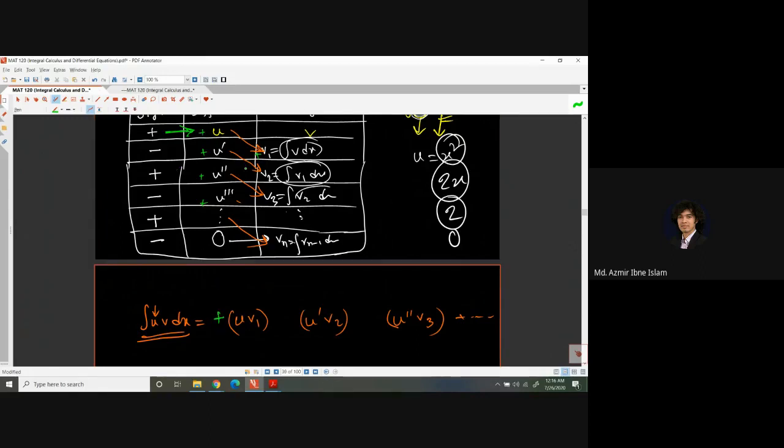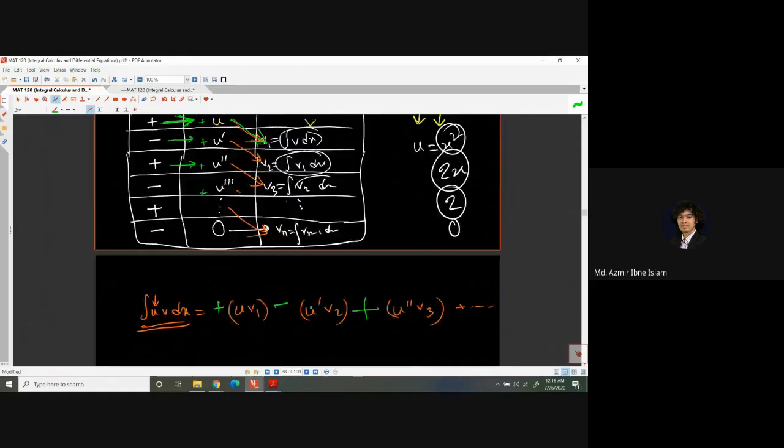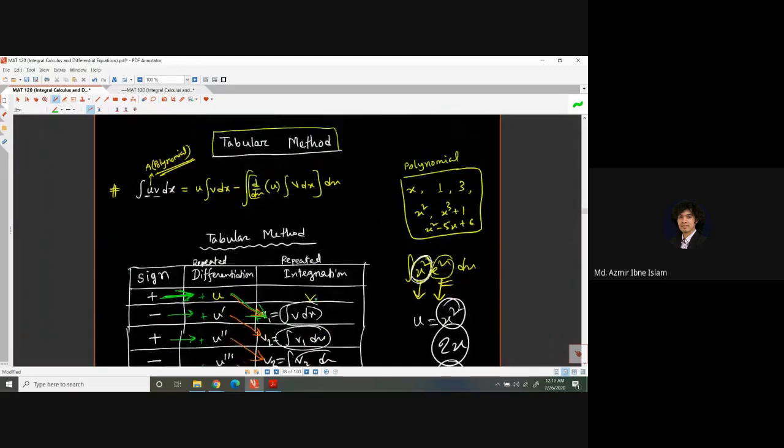For the second term, u prime v2, we can come by this way. Minus, plus, minus, minus, plus, minus. For the third term, plus, plus, plus, plus, plus, plus. That means at first you have to come from horizontal direction, then by that cross product form. So this is the theoretical concept of tabular method.